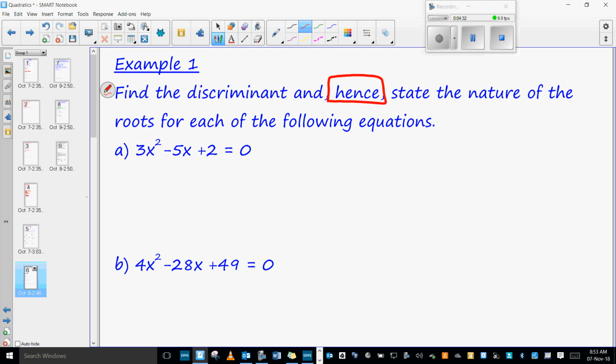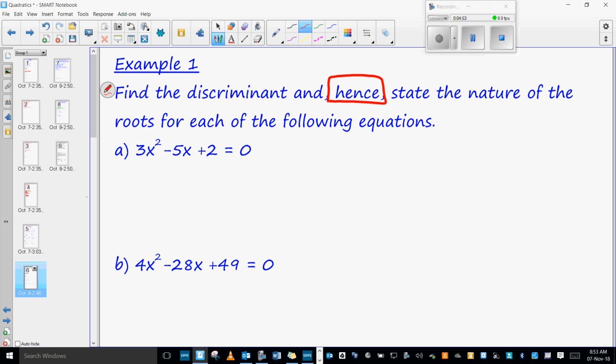Doing what they've asked you to do should help you, but you can use an alternate method. But if it says hence, it means you must use that information. Okay? So there's some terminology for you. And it's important because some people just ignore it and they just go off on their own tour. But as I say, if it says hence, you've got to use what they've just asked you to find.